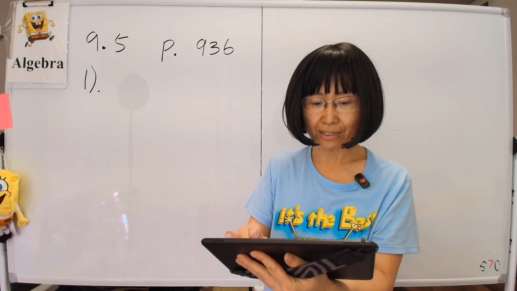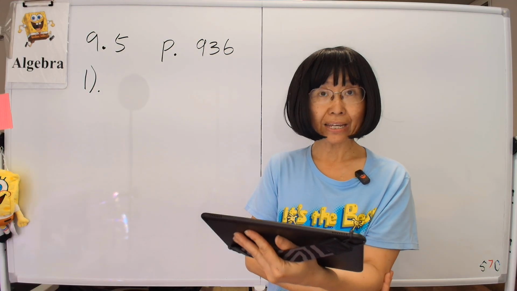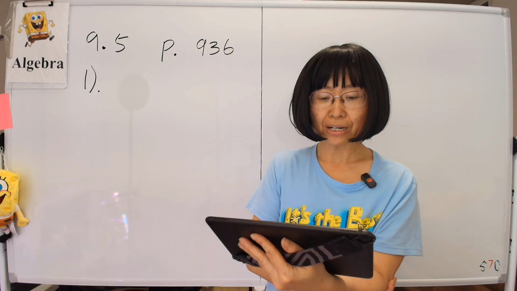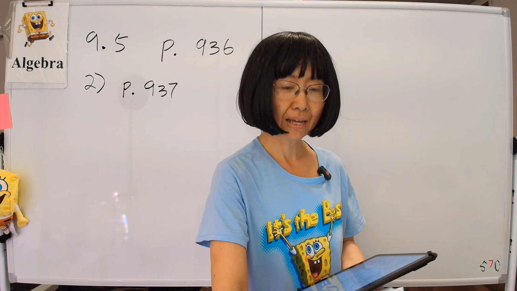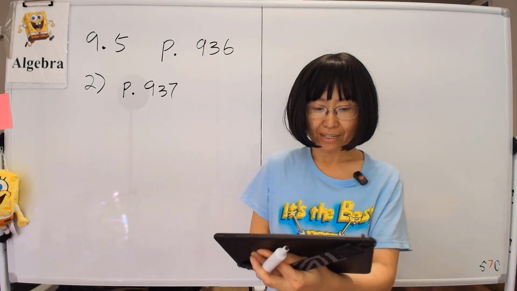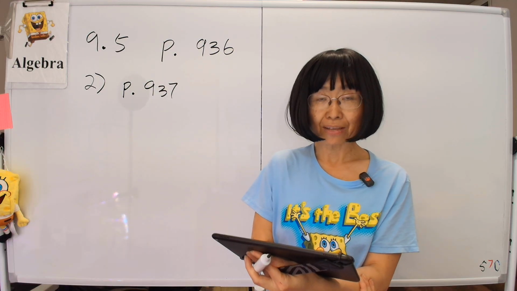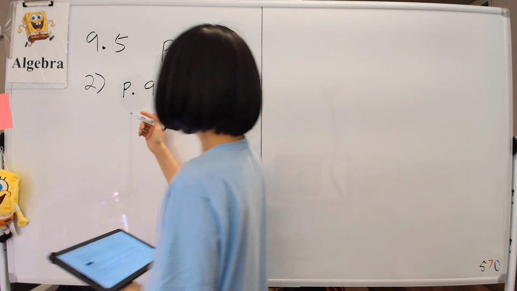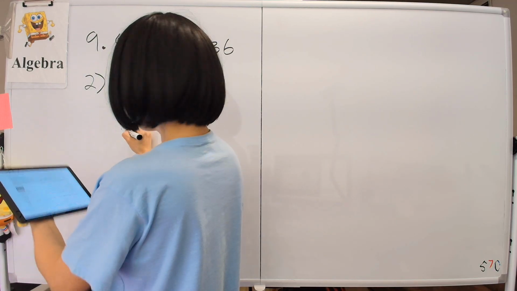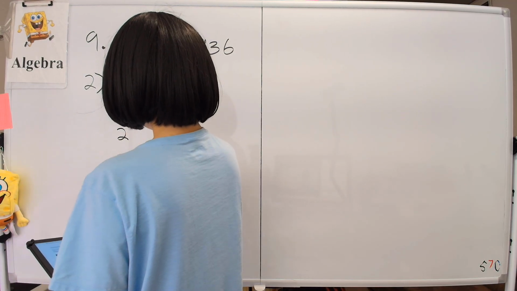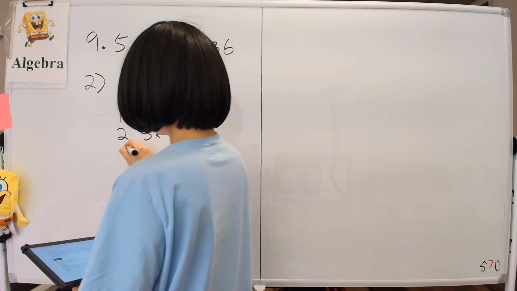Now, let's look at the next example, okay? Now, the multiplication principle, which is more complicated. Let's read it. This is example 2 on the following page. Example 2 says, Diane packed 2 skirts, 4 blouses, and 1 sweater. Okay, so we have 1 sweater, 2 skirts, and 4 blouses.